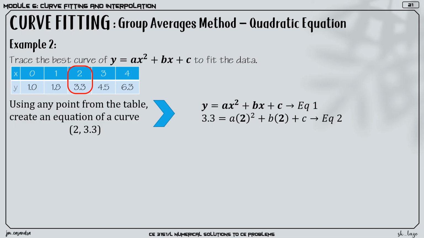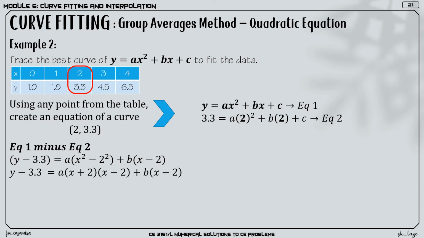So from equation 1 and equation 2, we take their difference. We have y minus 3.3 equal to a times x squared minus 2 squared plus b times x minus 2. If you observe, this will be further simplified as x plus 2 times x minus 2, so we have a similar term for a and b. So we have y minus 3.3 equal to x minus 2 times the quantity a times x plus 2 plus b.